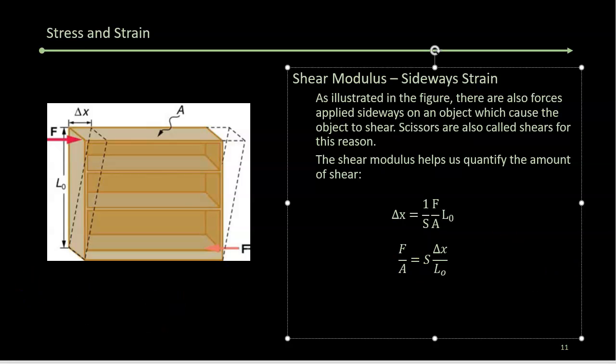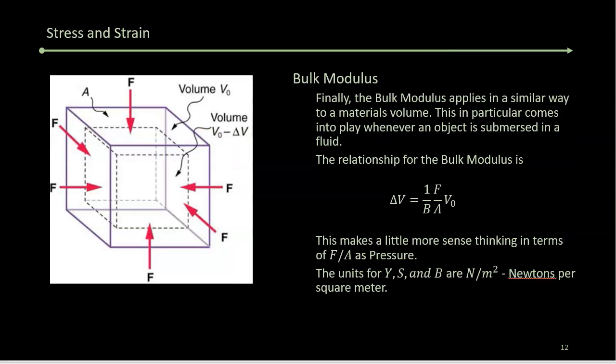The last one we're going to talk about before we look at some values is the bulk modulus. And again, I could rearrange this. B delta V over V is F over A. But this has more to do with F over A being pressure. So the pressure on an object can cause it to compress, right?